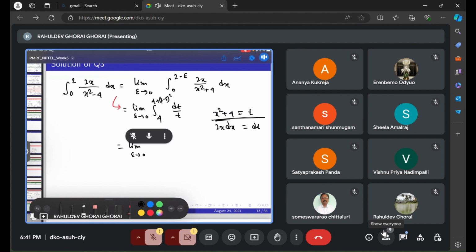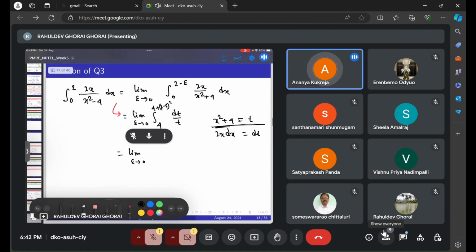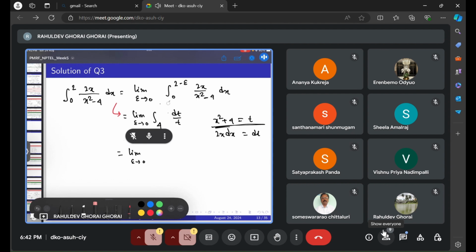So instead of x square, you can put 4. Actually it's x square minus 4 in the question, not plus 4. Thank you. So it is x square minus 4. Yes, now it is correct. So x square will be 2 minus epsilon whole square minus 4. Yeah, now it is correct.